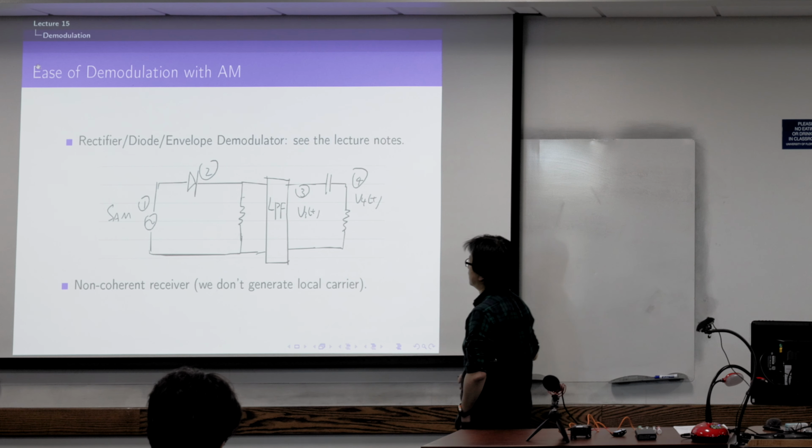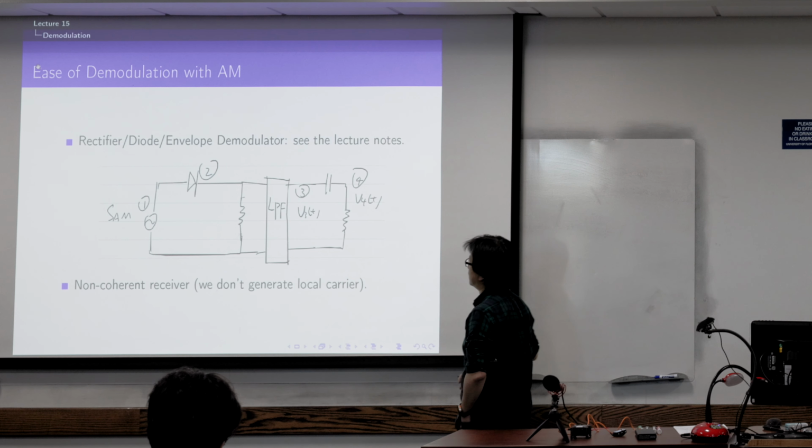Basically, what we have here is called the rectifier diode amplitude envelope demodulator. This is a receiver structure, the demodulator. We pass the received signal SAM through a diode, which is also called a rectifier or half-wave rectifier, right?